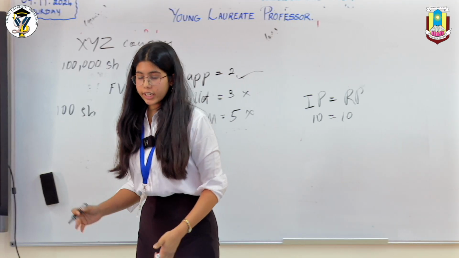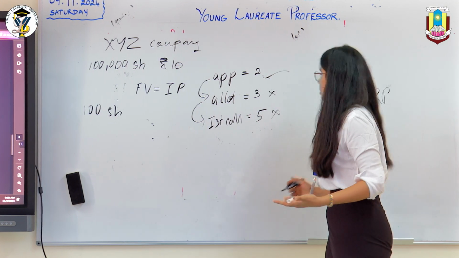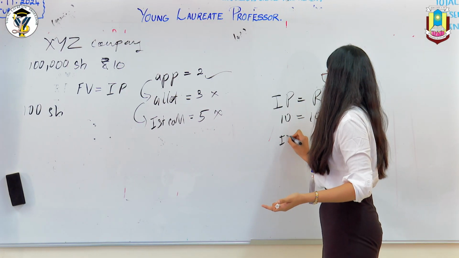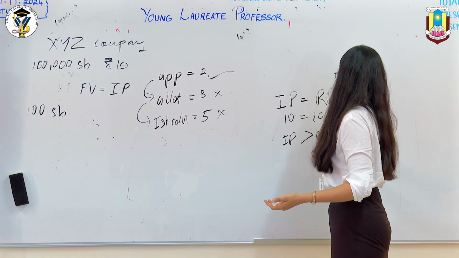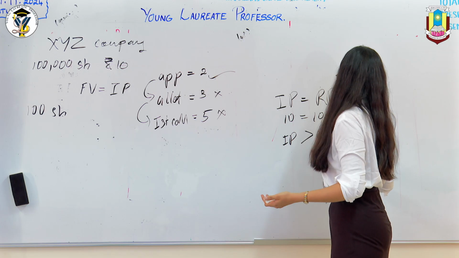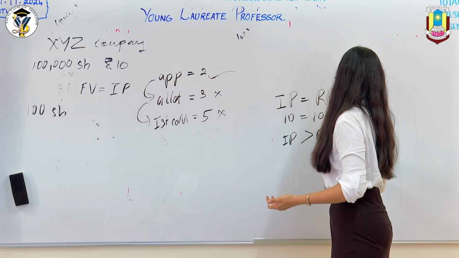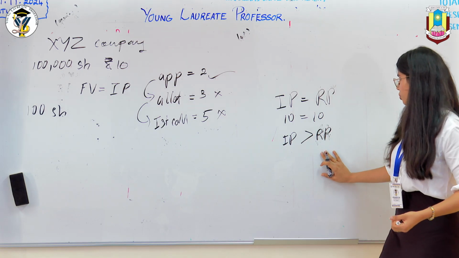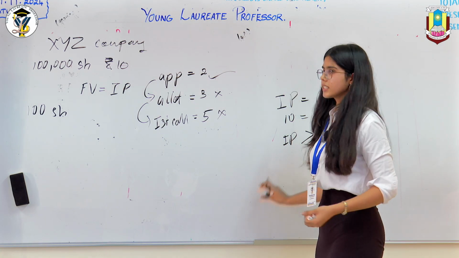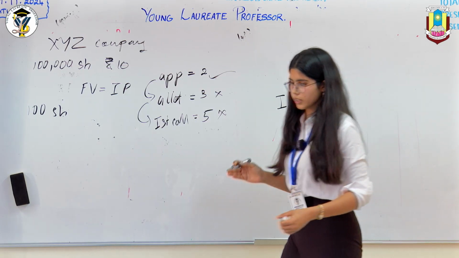Or you can reissue it at discount, where the issue price is greater than the reissue price. So then to find the discount is issue price minus reissue price, right?